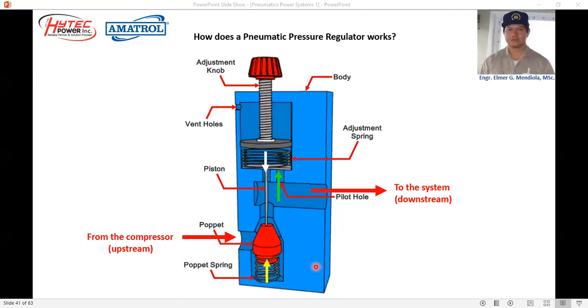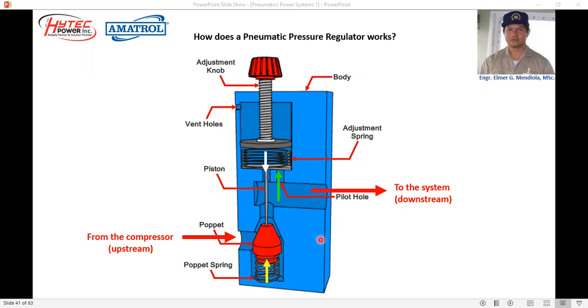Then we have the body of the pressure regulator, and of course the adjustment spring, which is controlled by the adjustment knob. And here we have the pilot hole, which is connected through an annular gap or hole to the bottom side of the piston. This is the piston here, which is connected to the poppet and the poppet spring.